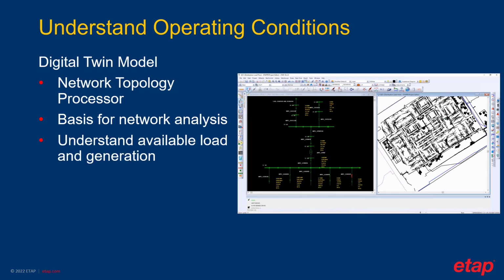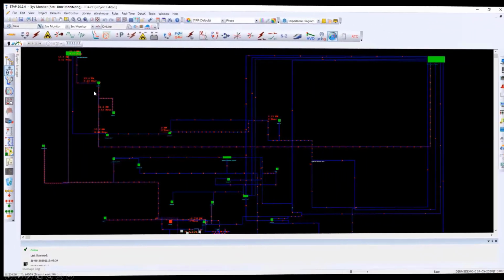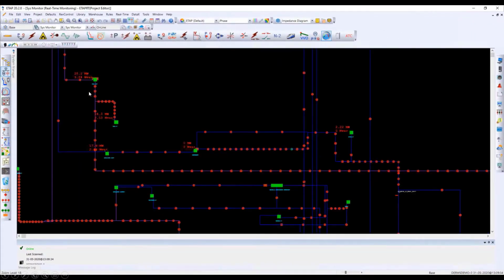The network topology processor will walk down the digital twin to evaluate all available load and generation. As conditions in real time change, the processor will dynamically reevaluate the system topology, therefore recalculating and updating the available load and generation. Let's take a look at how engineers and operators visualize the digital twin model.